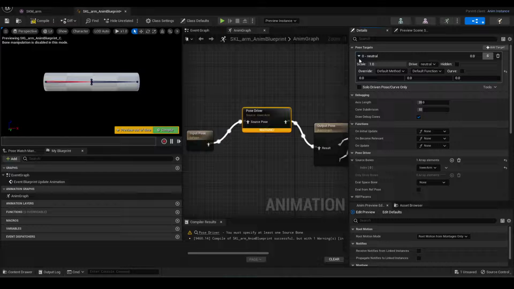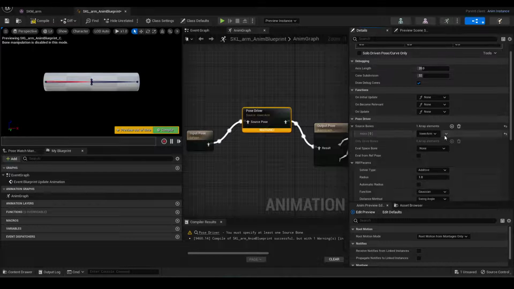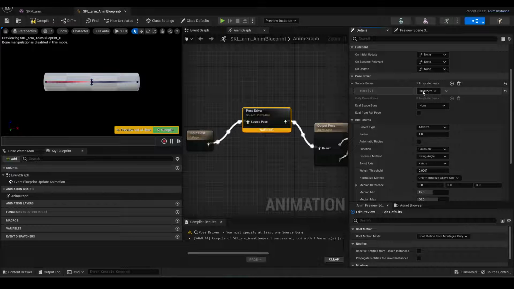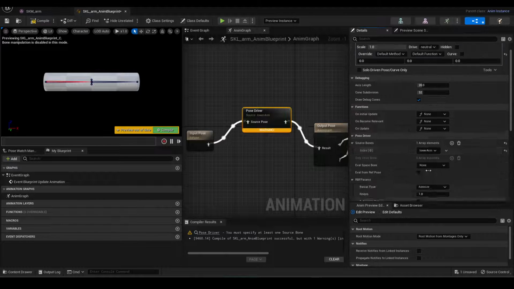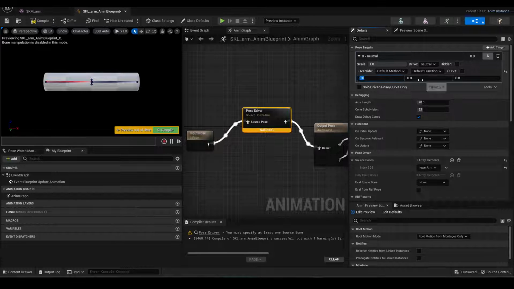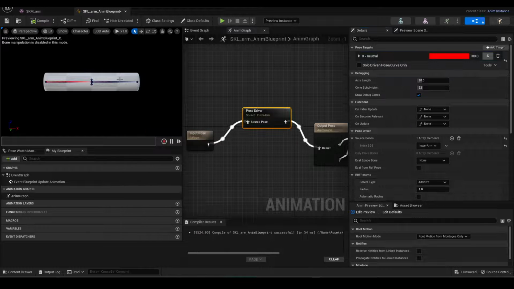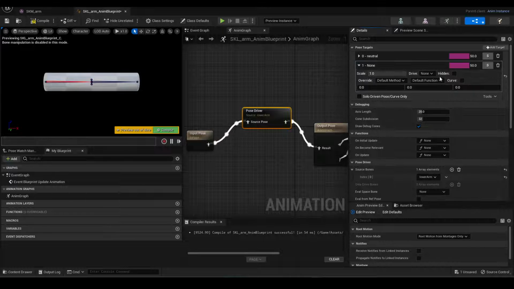And let me open neutral. What all of this UI means is that my driver is the lower arm rotation. When my rotation is at 0, trigger the pose neutral. So all of this so far means nothing until I add another pose.